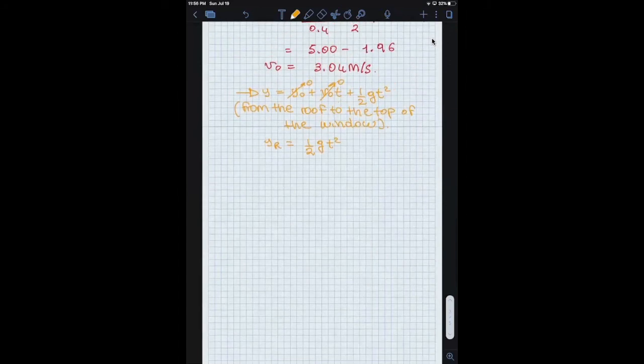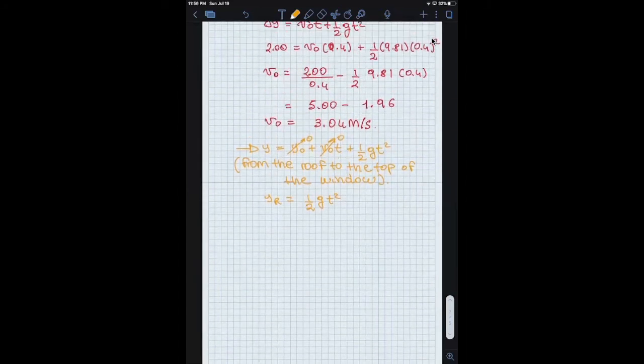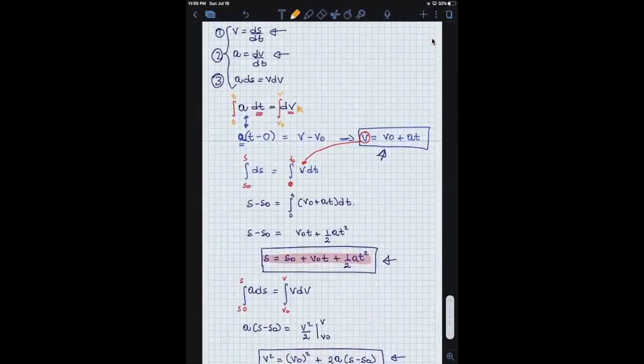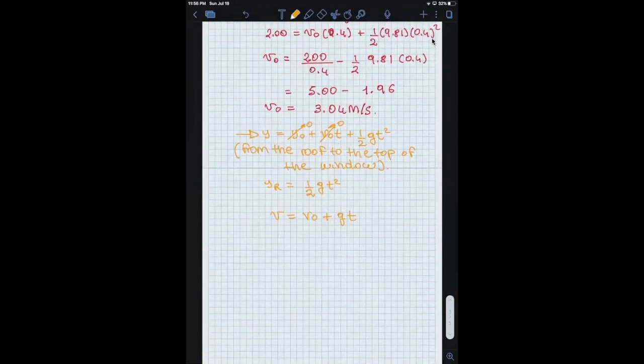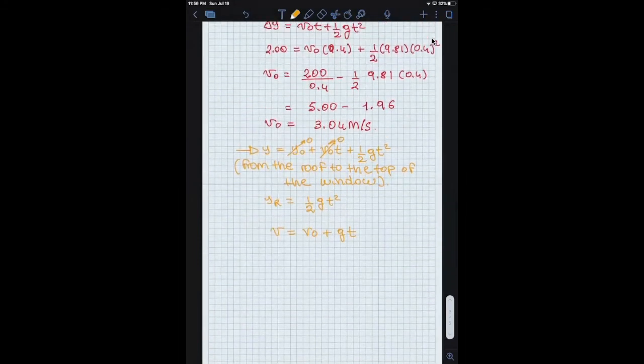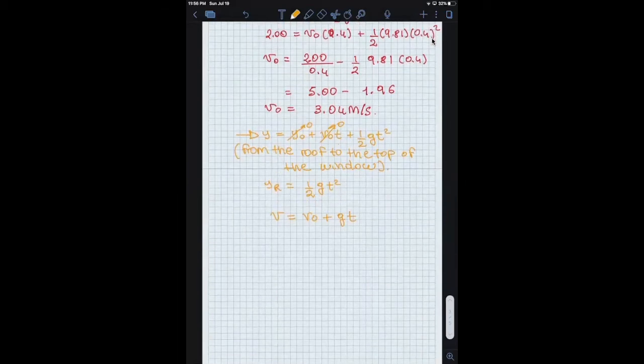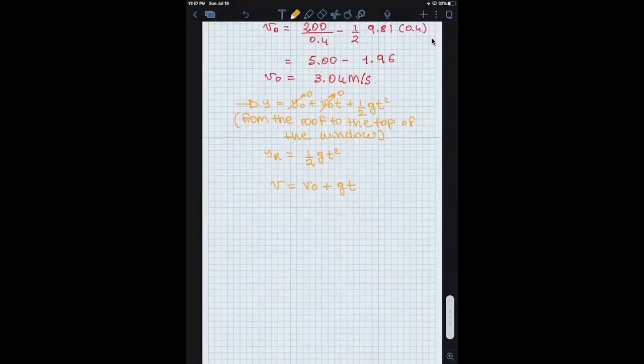Now how do we find what t is? Here we're going to use this formula: v is equal to v naught plus g t. Again, this v naught in orange is not the same as the v naught in red, but there is some correlation that we can use.